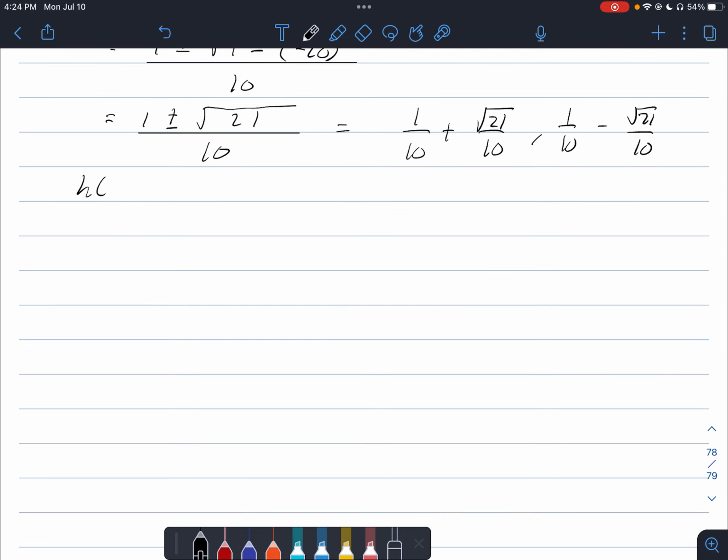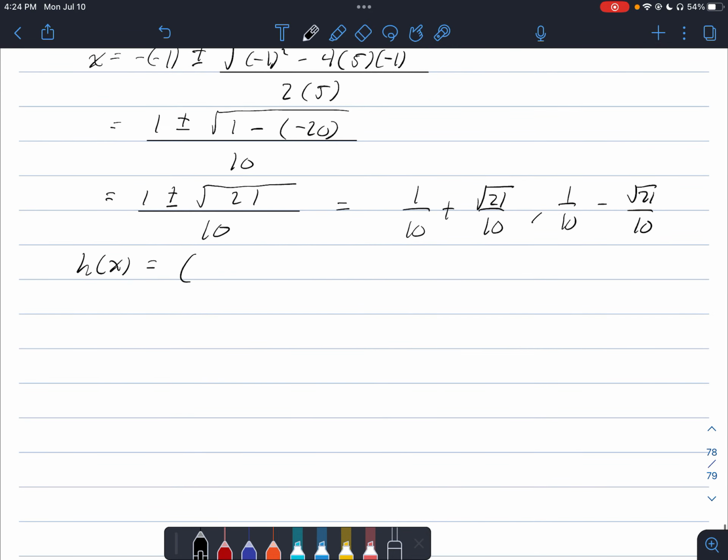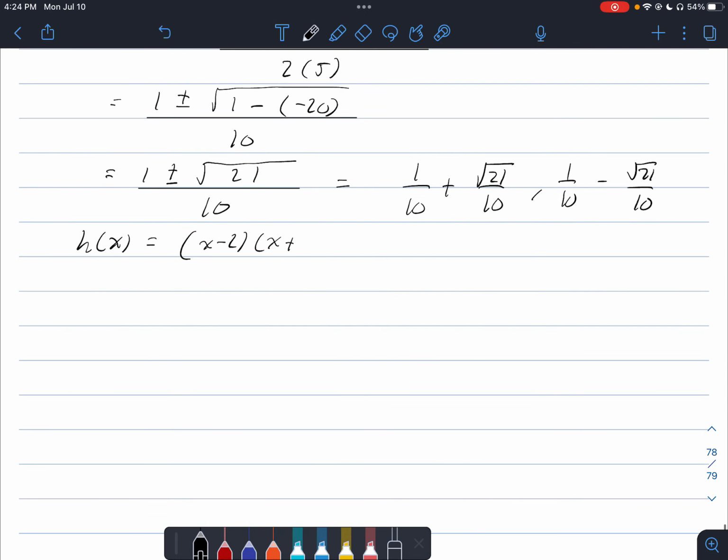So that means that h of x can be written as x minus 2 times x plus 7 times x minus 1 over 10 plus the square root of 21 over 10 times x minus 1 over 10 minus the square root of 21 over 10.